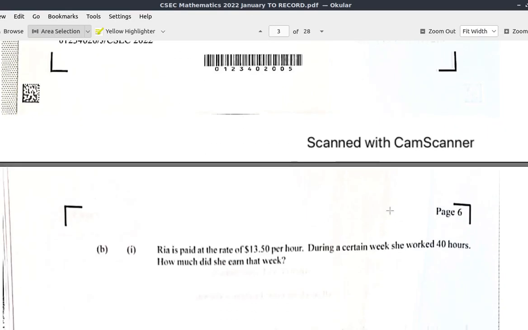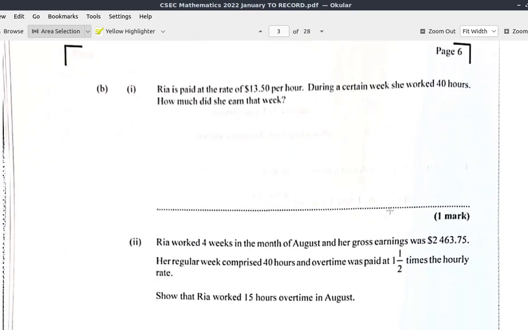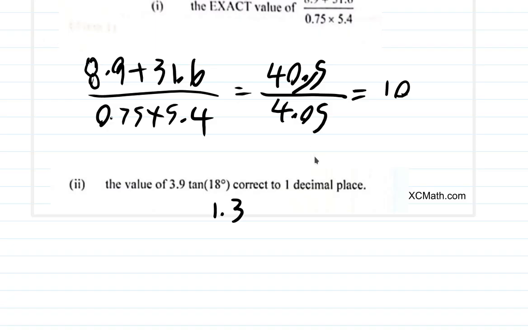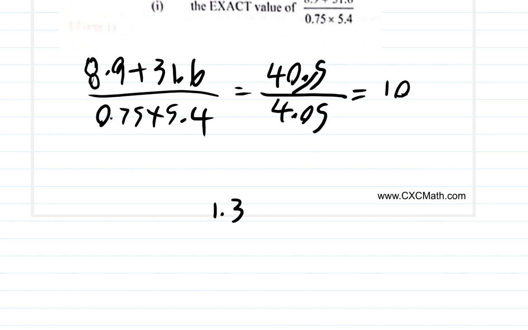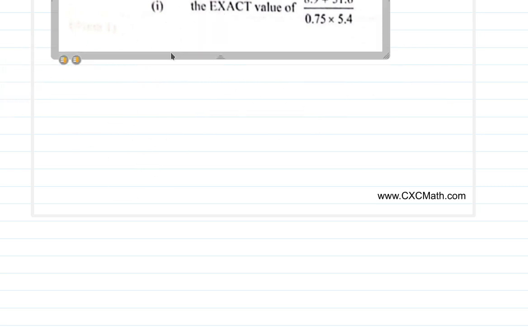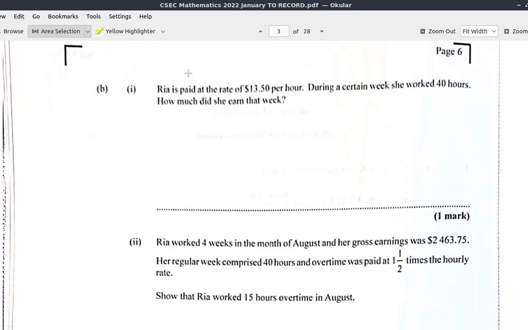Alright, what else happened here? This is a consumer arithmetic part of the question. We're going to need some space. Let us erase some of these things that we have up here and use the space for this part of the question. Uriah is paid at a rate of $13.50 per hour.